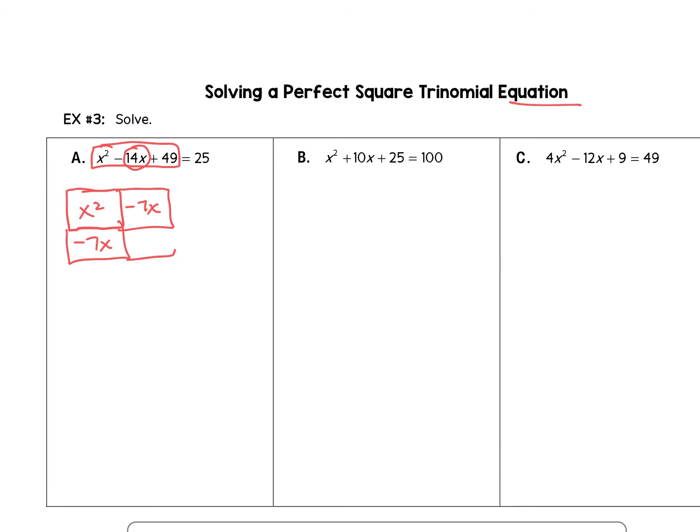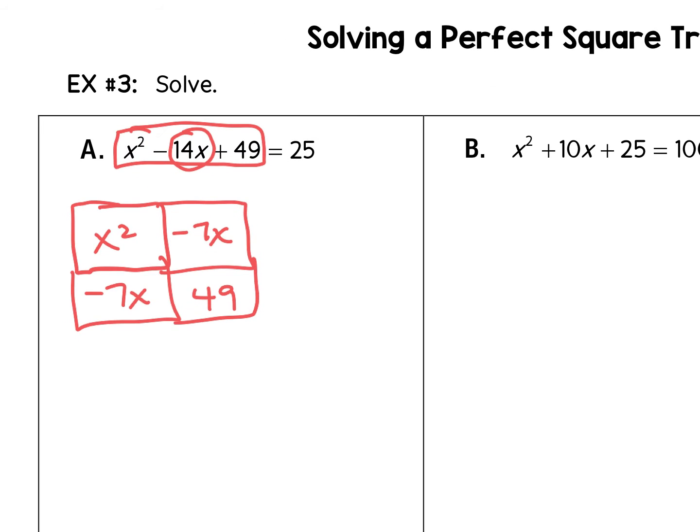And then a positive 49 at the bottom. Now, when you do the algebra tiles, you would break that up into 7 long rectangles like this. You would have 7 x tiles. I'm not going to draw all 7, but you would have 7 of those here in this box up in the corner there.